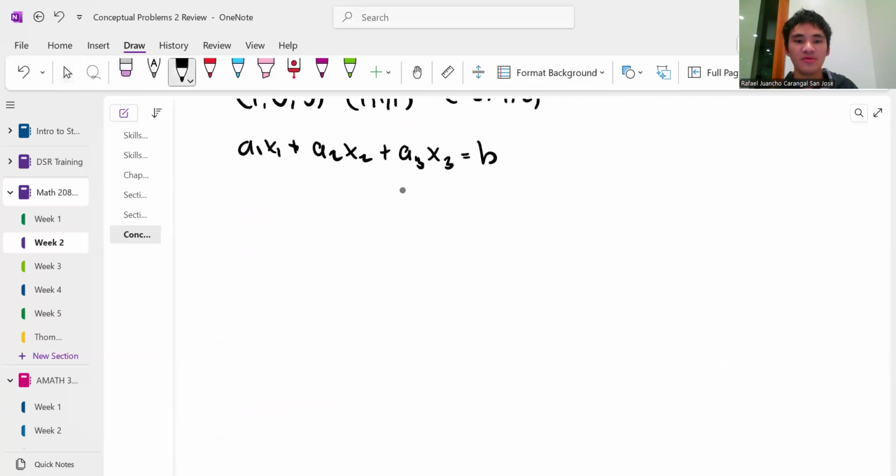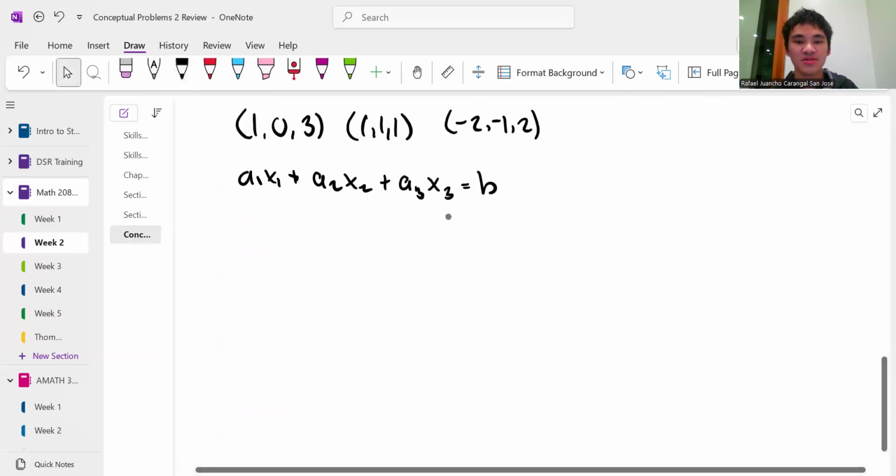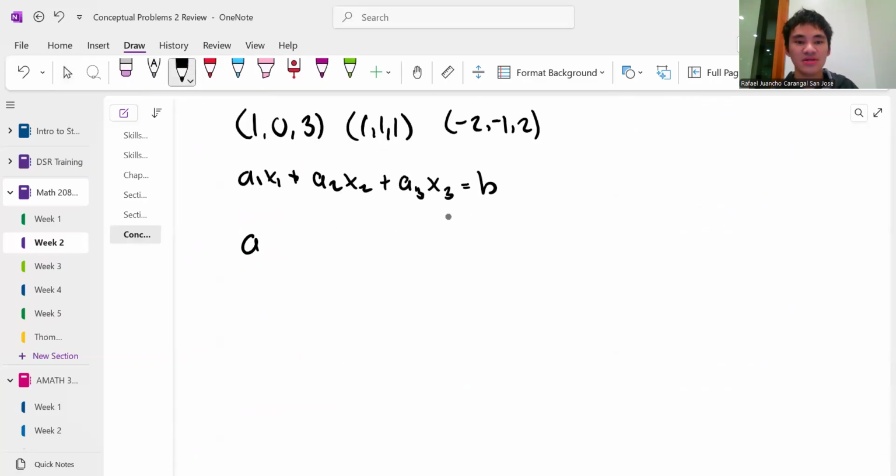So how do we do that? Well, we just plug it into the x sub 1, x sub 2, and x sub 3. So we would get something like a sub 1 plus 3a sub 3 equals b. That's one, right?